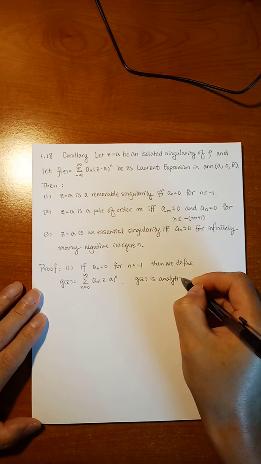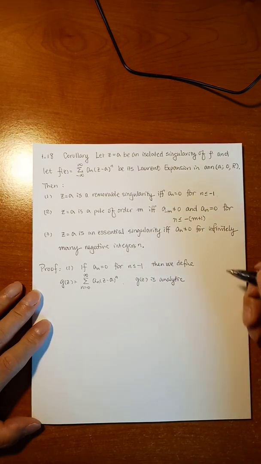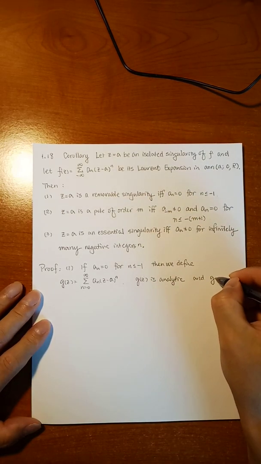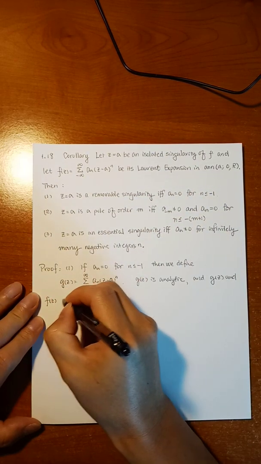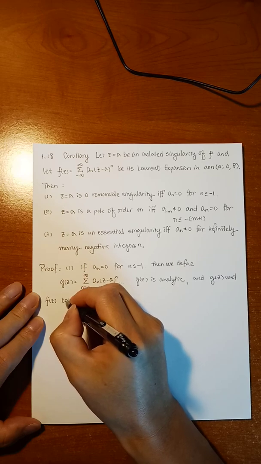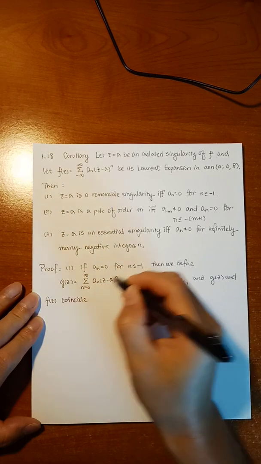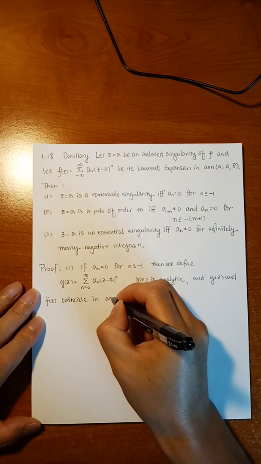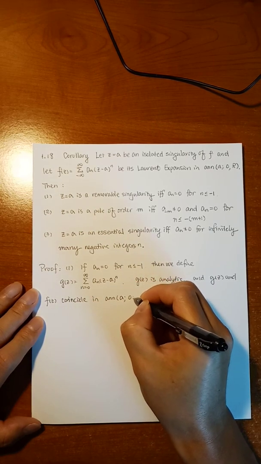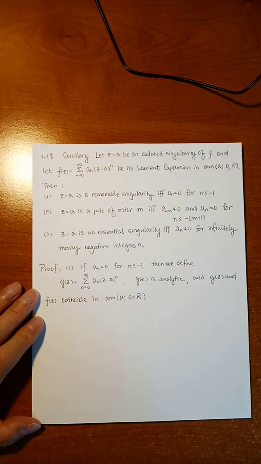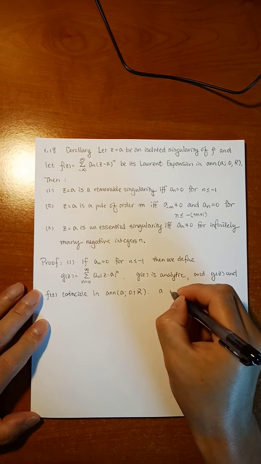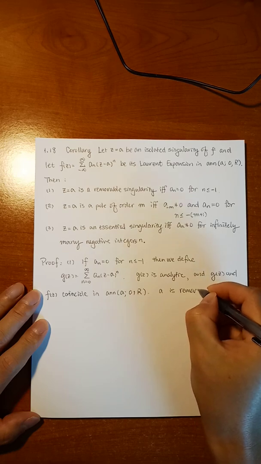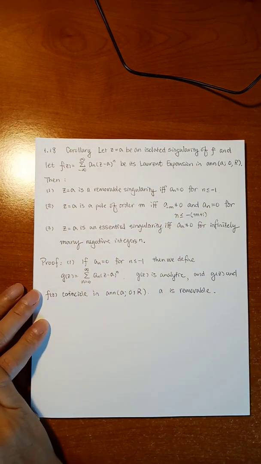A convergent power series is an analytic function, and g of z and f of z coincide in this annulus centered at a with inner radius 0 and outer radius R. Right? Then a is a removable singularity.